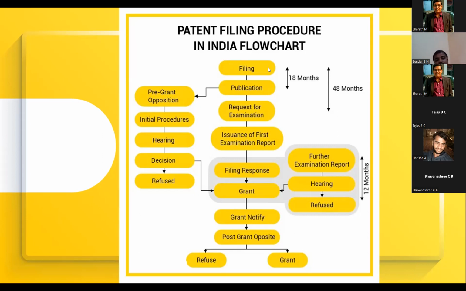Only then is there a possibility for opposition, otherwise no opposition. So after seeking all the opposition, the registry can take two decisions. One, they can grant a patent, and if it is copied or something else, it can be refused. So these are the important steps for filing a patent in India.